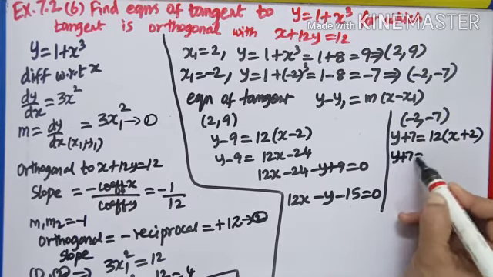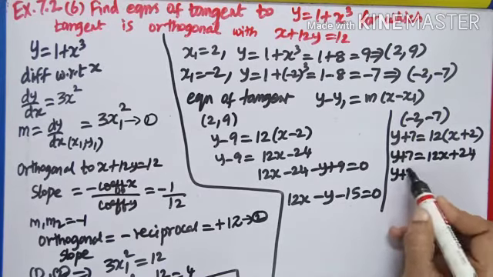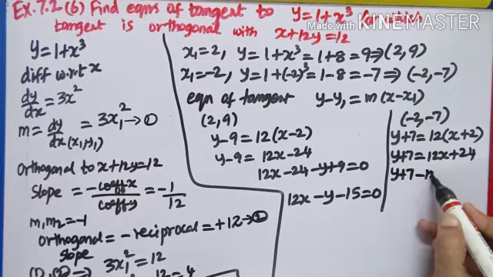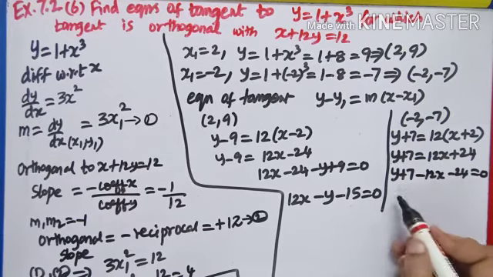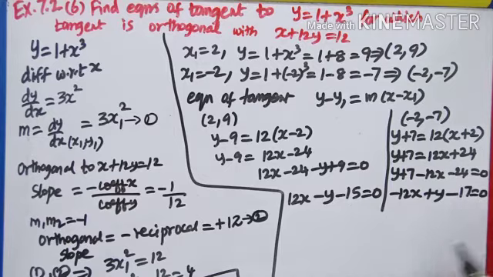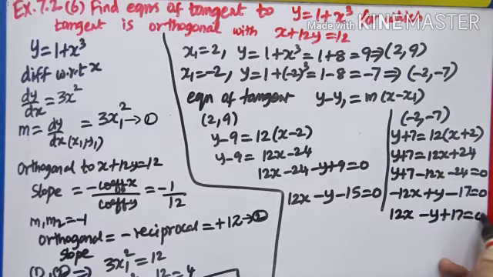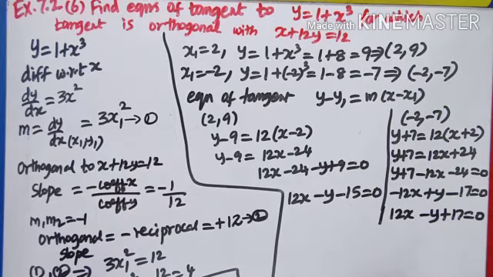So y plus 7 equals 12x plus 24, or y plus 7 minus 12x minus 24 equal to 0, minus 12x plus y minus 17 equal to 0. Simplifying the answer, 12x minus y plus 17 equal to 0. So we get the two different equations. One is 12x minus y minus 15 equal to 0, and the other is 12x minus y plus 17 equal to 0.